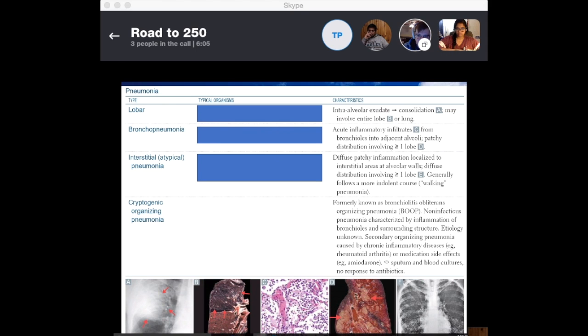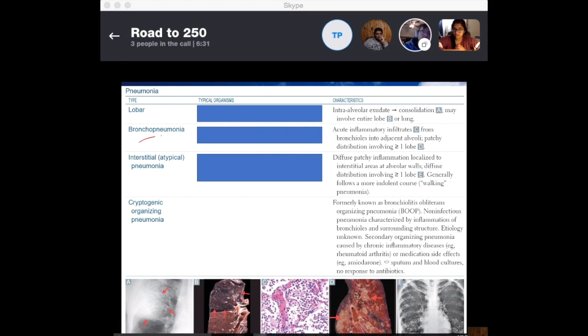So as you can see on this slide here, you can just see patches of this broncho patchy pneumonia. And then this photo here is just showing that you have inflammatory infiltrates such as PMNs or cytokines that will cause that. And it can involve one or more lobes.